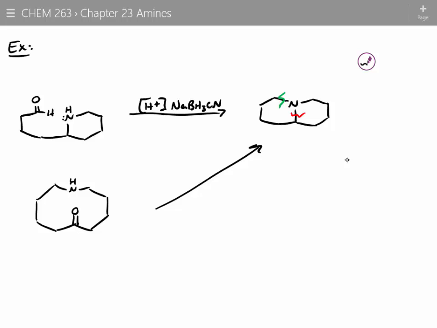So I'll put my hydrogen up here just to try to orient it out of the way. But you could have a really big cyclic system that could close in and form a bicyclic system. And again, we would need our acid source, and sodium cyanoborohydride in order to do this.